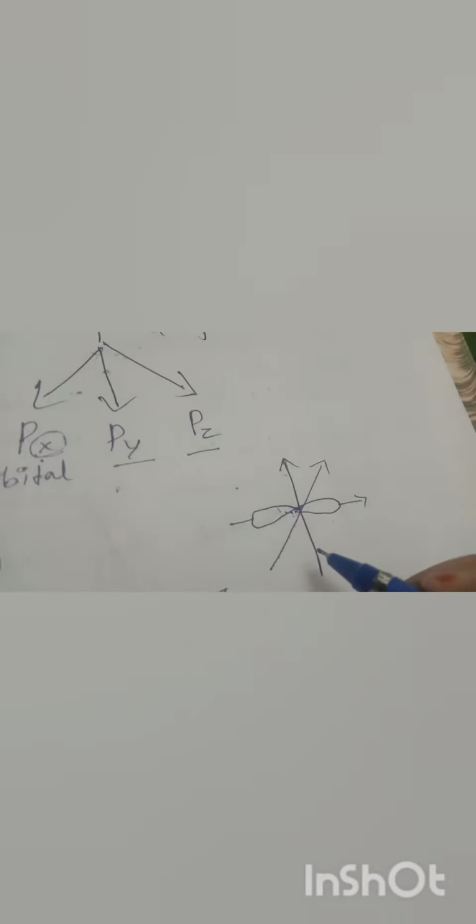This line won't come, I'm just drawing. The actual diagram of the Px orbital has the y-axis, the z-axis, and in between, along the x-axis, the Px orbital will be present. So this is the complete diagram for Px orbital.